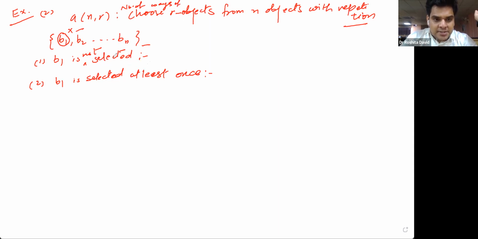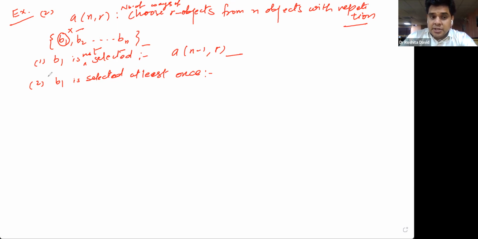Since I'm not selecting b1, we have only n minus 1 objects now, so I will choose r objects from n minus 1 objects. So there will be a_{n-1,r} ways to do this when b1 is not selected.